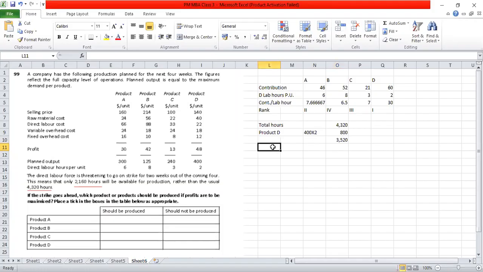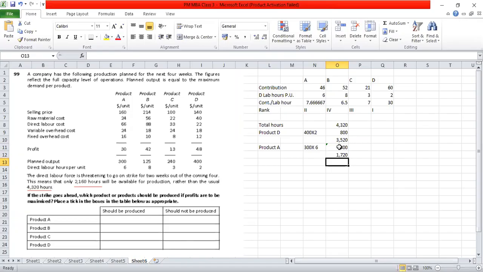Next in order, which product is there? Product A is there next in order. So product A, the planned output is 300 units and it requires 6 hours. So we have 1,720.